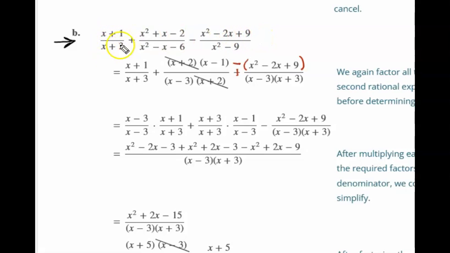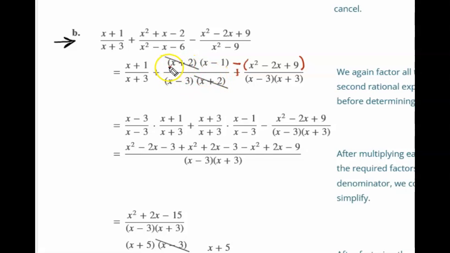So this is factored. We factor this. And again, the factoring is not difficult. Factor this. This is the difference of perfect squares. Factors into its conjugates. And notice what happens here in this middle term.